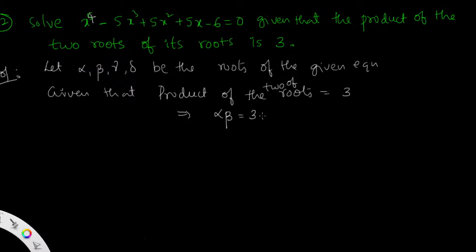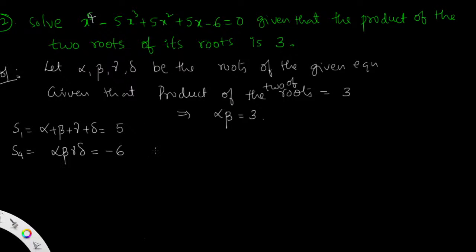We have the sum of the roots s1, that is alpha plus beta plus gamma plus delta equal to minus b by a, that is 5, and s4, the product of the roots alpha beta gamma delta, is minus 6.